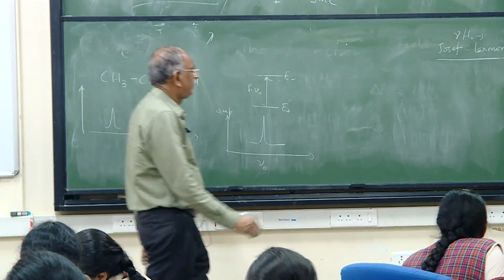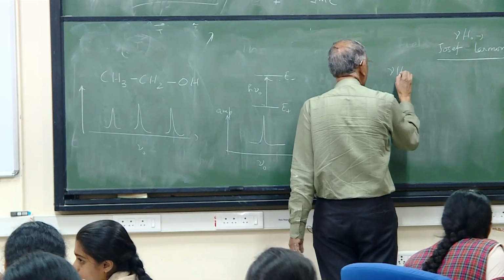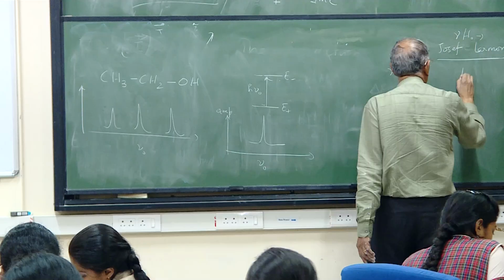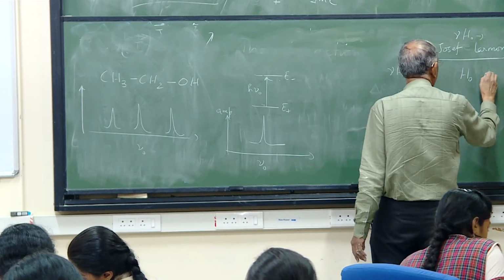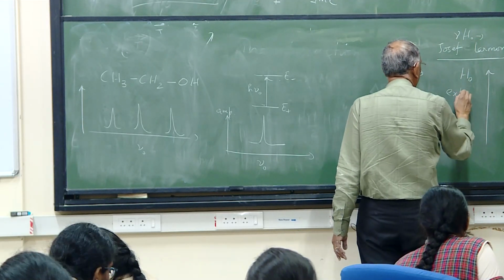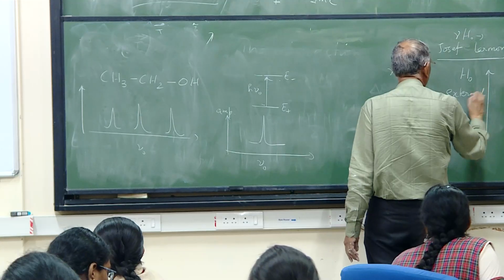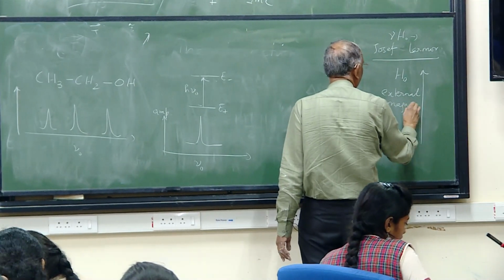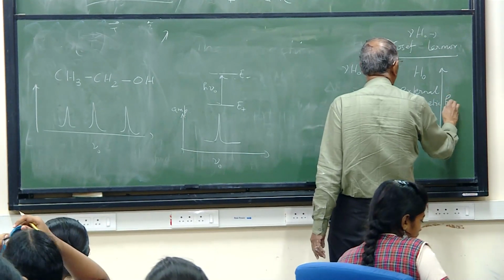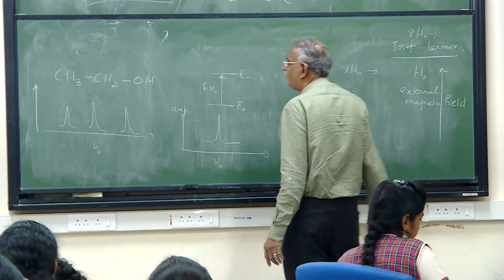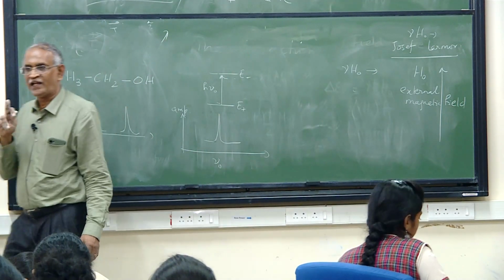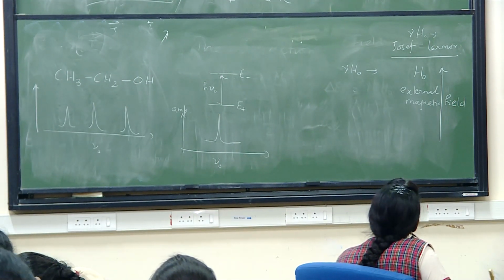It's very simple. What is gamma H naught? Gamma H naught is the Larmor frequency of the proton corresponding to H naught. H naught is the external magnetic field. So for all this time we were looking at the nuclei, but these chemists decided that the electrons also have magnetic moments.